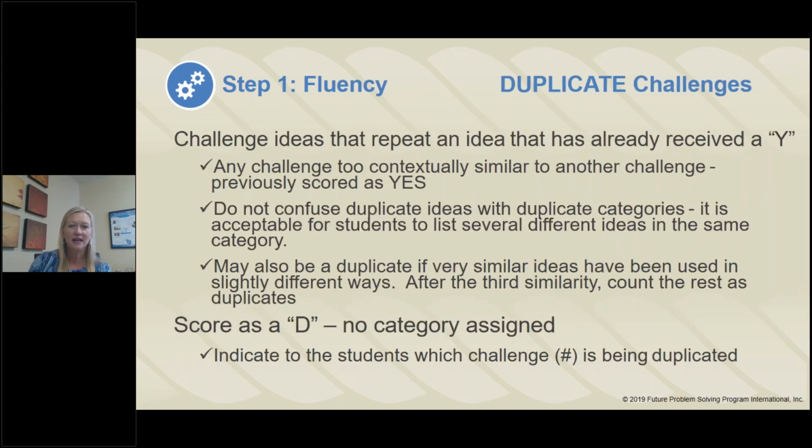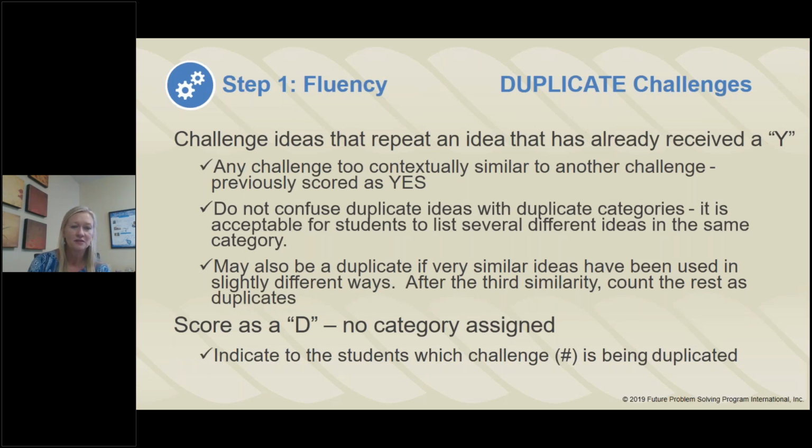And then challenges can also be evaluated as a duplicate challenge. If you have evaluated a challenge and determined that it is indeed a Y, or yes challenge, and then you read one on the next page, or several challenges down, that's very similar to another challenge, you would not assign this another Y challenge.